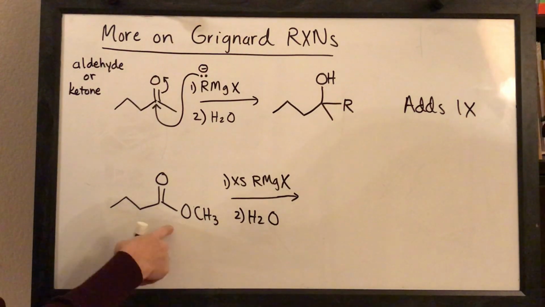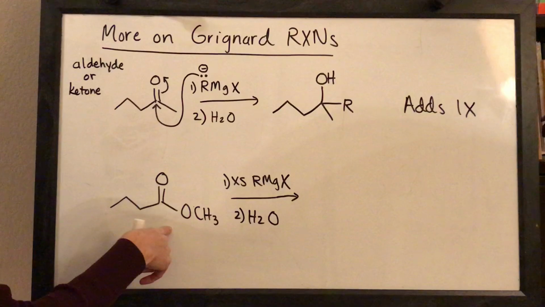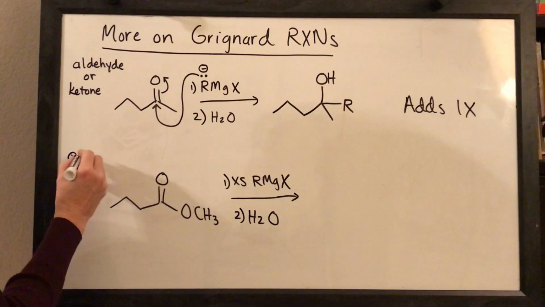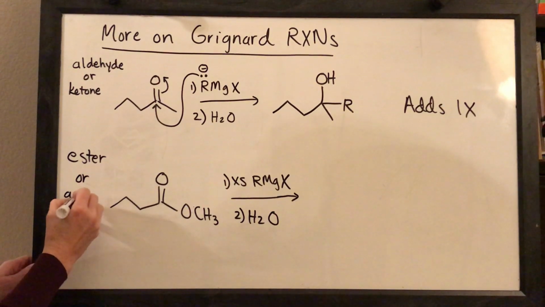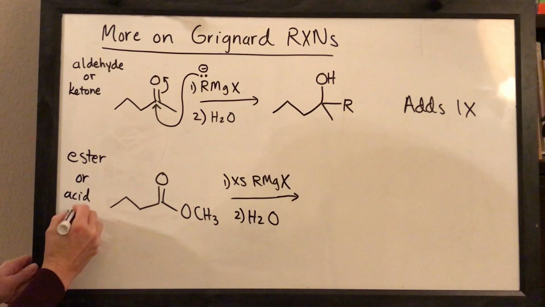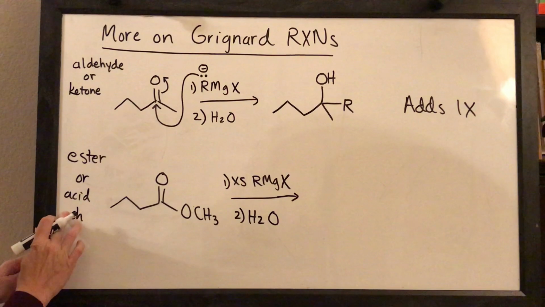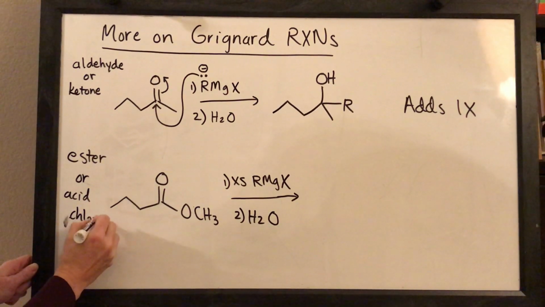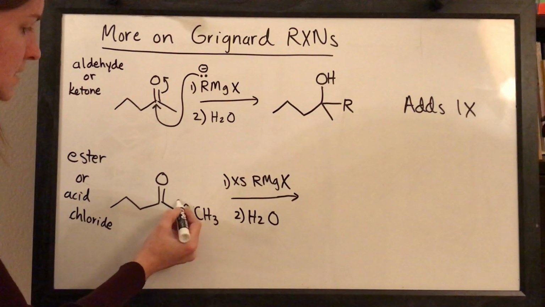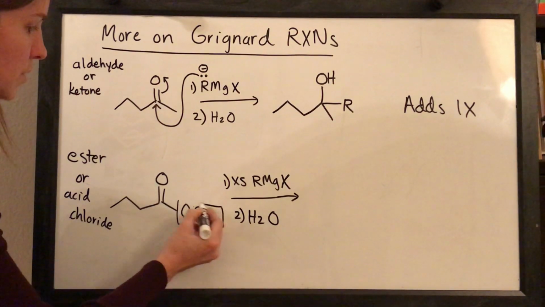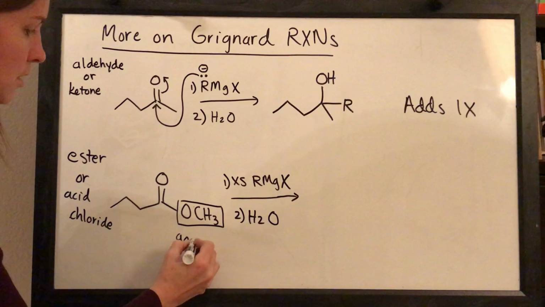If instead we do a Grignard reaction on an ester or an acid chloride, then what happens, the difference is that we have a good leaving group on our reagent.